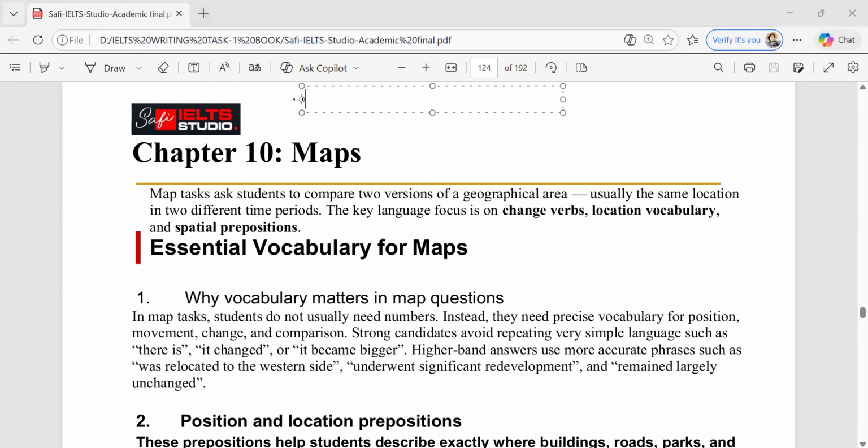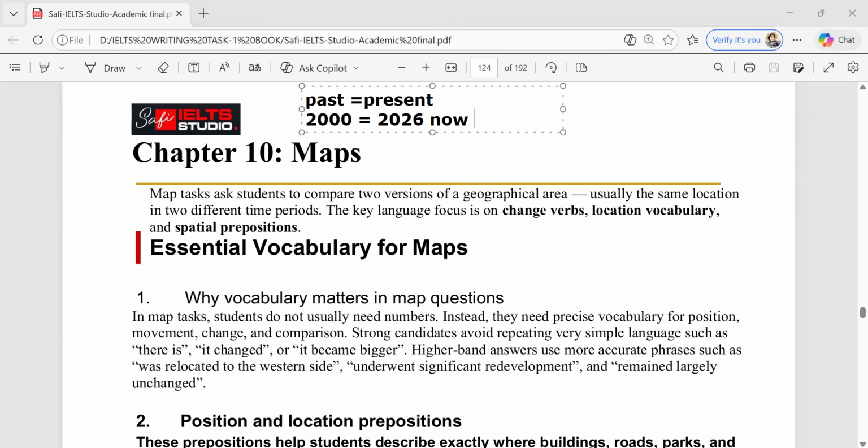They could be two versions. It can be either past and present. What I mean by past, for example, is a map from 2000, and now you need to compare that map with the present time, 2026.